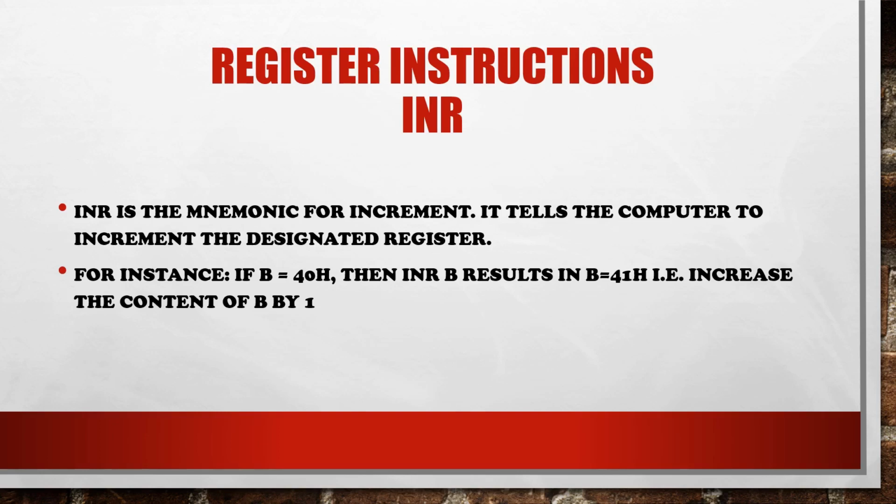That is, increase the content of B by 1. It can be used as INR A, INR B and INR C, as there are three registers. So this has a similar meaning as INR B. Likewise, INR C also increases the content of C by 1. So this much about the register instruction INR.